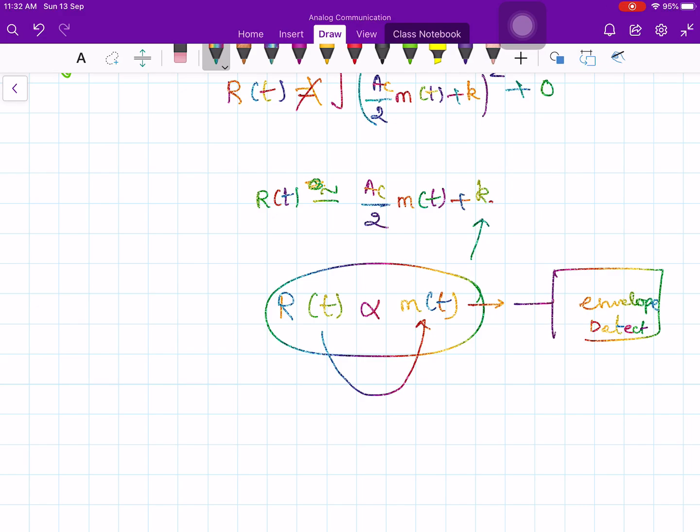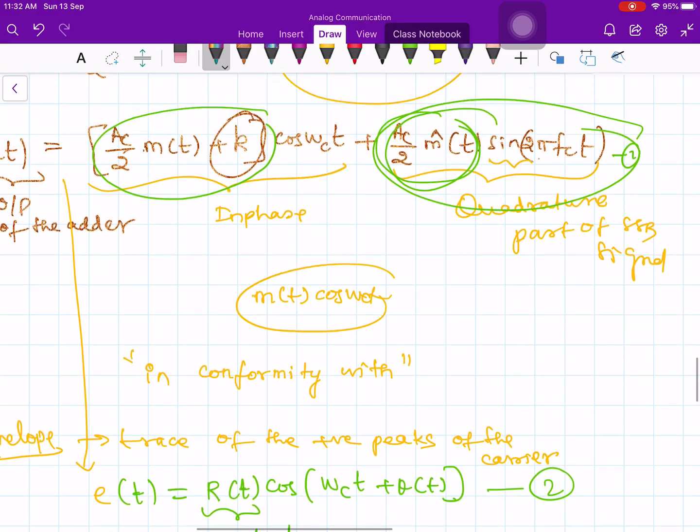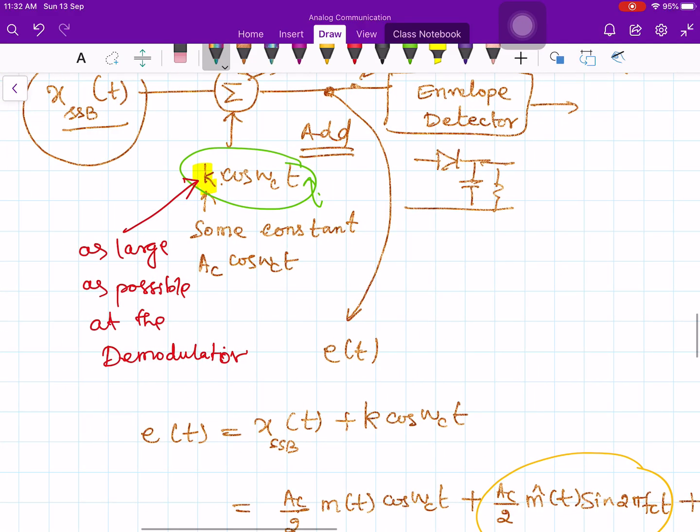Okay, so that's it. This method gives you an alternative method for demodulating the single sideband signal. Even in this situation, we require the local carrier. If you look at the figure, the local carrier has to be in phase and frequency synchronization with the incoming signal.